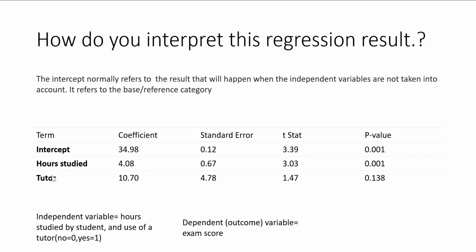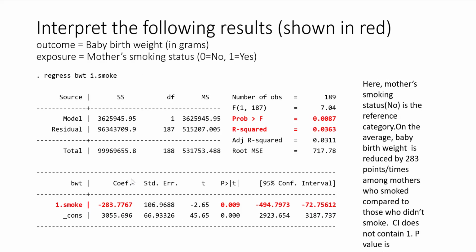Now, if you want to interpret this 10.7, you will say keeping the number of hours constant, for every student who uses a tutor, the exam score increases by 10.7 points. So that's how to interpret multiple regression.